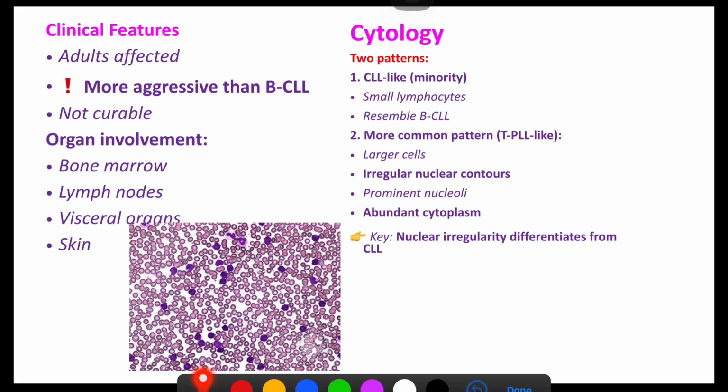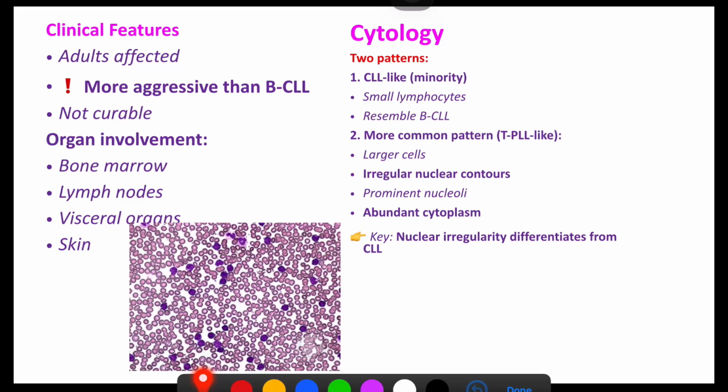So, clinically adults are affected, more aggressive than B-CLL and not curable. Organ involvement are bone marrow, lymph node, visceral organs and skin. Cytologically, you will find two patterns. One, the minority pattern, is CLL like, means you will find small lymphocytes and resemble B-CLL, but phenotypically it is different.